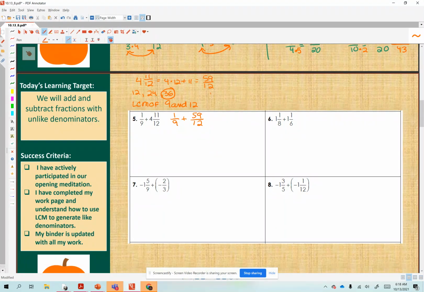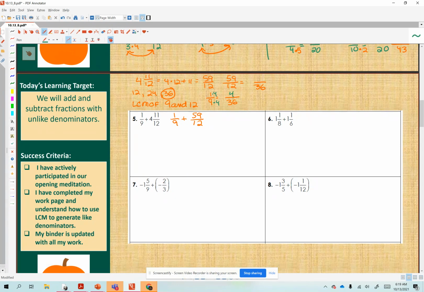So let's convert 1/9 to 36ths. And then we'll convert 59/12. We're going to have some big numbers here. You might need a calculator, to 36ths. So let's change our color here so we can see our work clearly. 9 times 4 is 36.